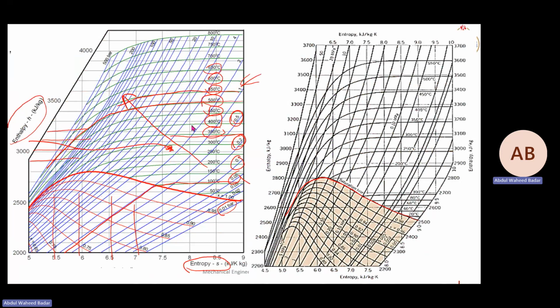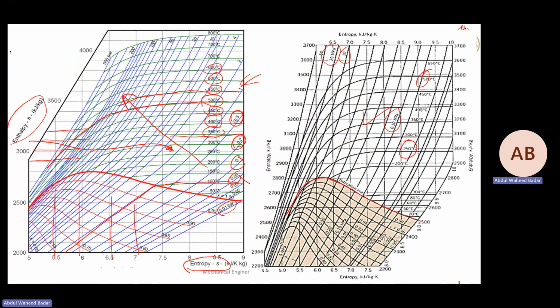Because later on in the industry, you have apps now. Just put in pressure and temperature, and it will directly give you all the properties. But here, as a student, you need to know what this pressure and temperature means, in which region you are. Same is here. Here the pressure units are megapascal. Okay.